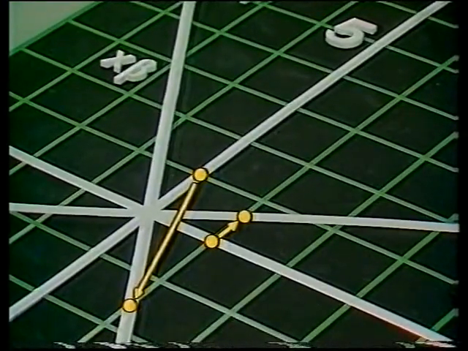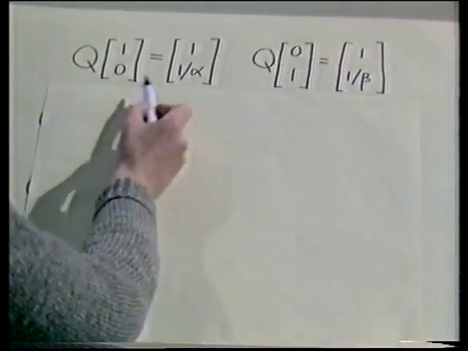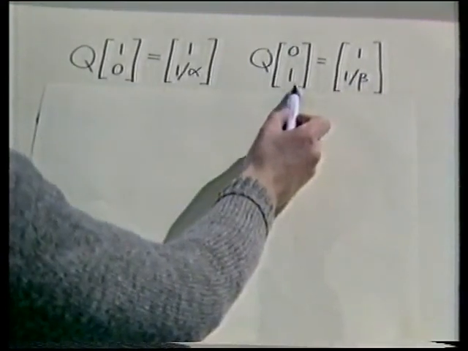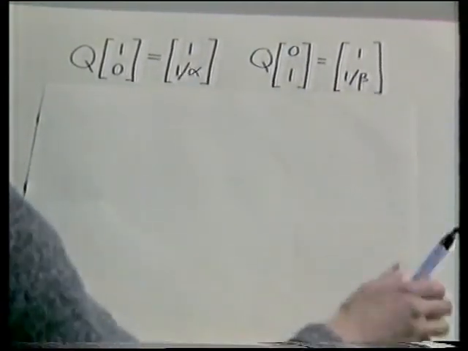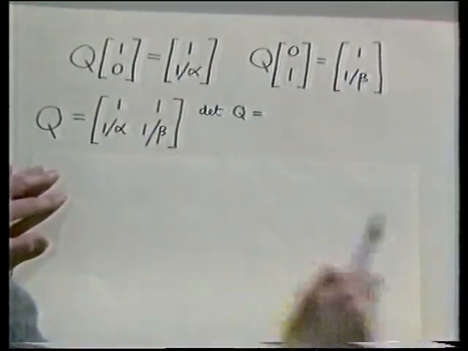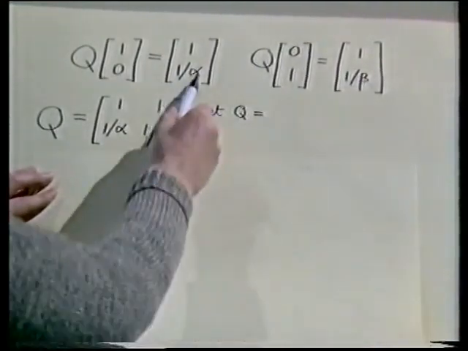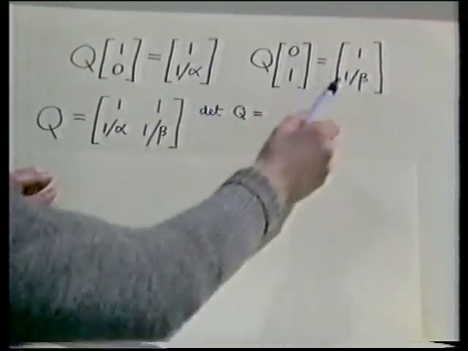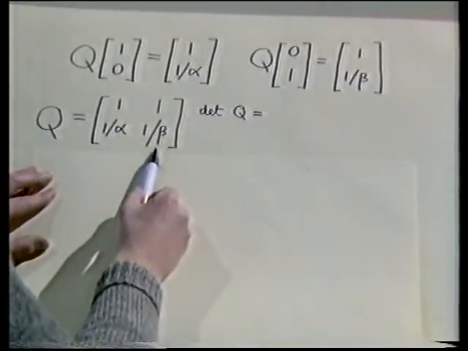And now Phil should be able to write down the matrix Q. So we've chosen Q so that it maps this point to this point and this point to this point. So we know that Q must be this matrix, because this gives us the first column and this gives us the second column.